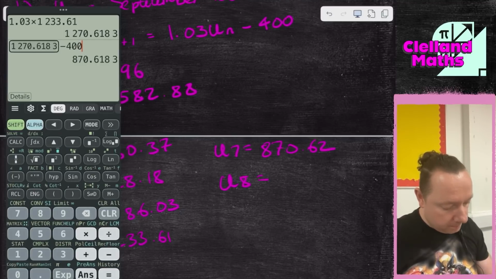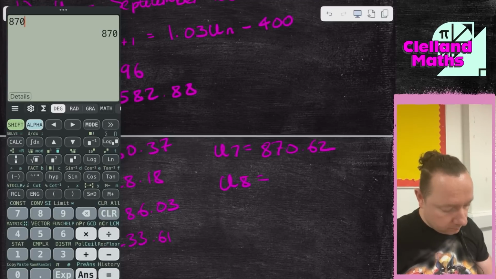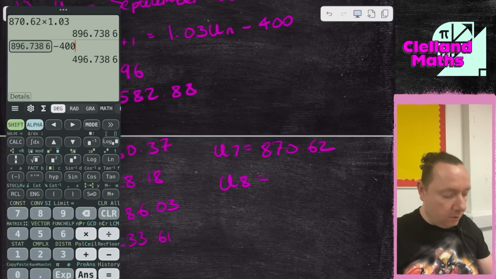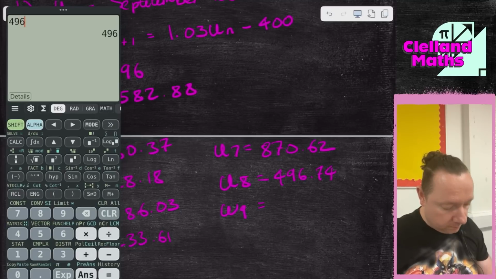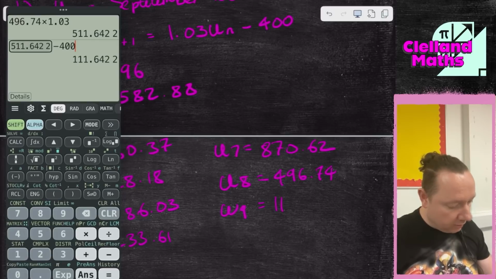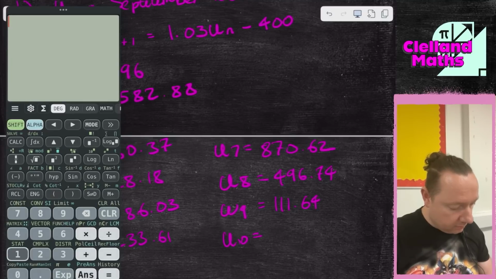U8 is $496.74. U9, you should be able to see it as U10, but need to show it, I suppose. So we've still got a little bit left at U9. So if the recurrence relationship was to keep going, U10 would be the first negative.